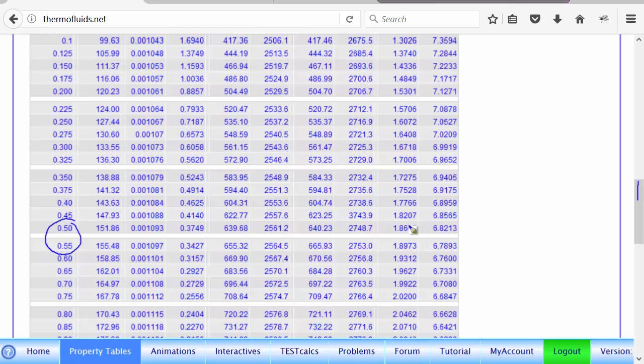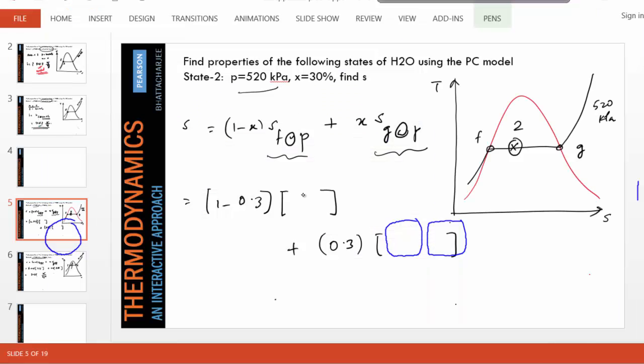The last two columns you can verify are the SF column and the SG column for entropy. So it'll be somewhere between these two numbers, 1.86 and 1.89. Let's say we'll pick up 1.87, and here let's say we'll go somewhere in between, let's say 6.81, and just with this eyeballing estimation, we'll find out the values. Then we'll compare that with the exact TEST results.